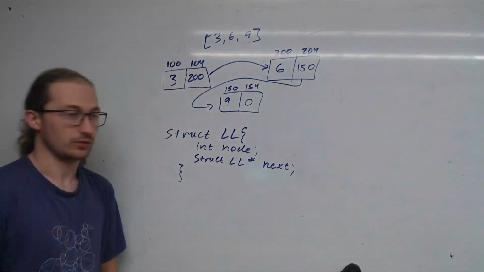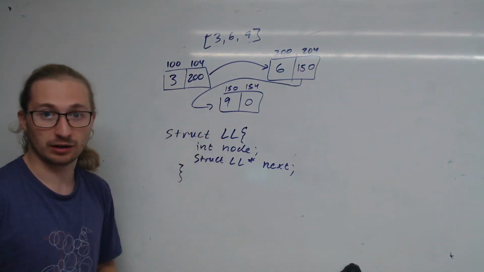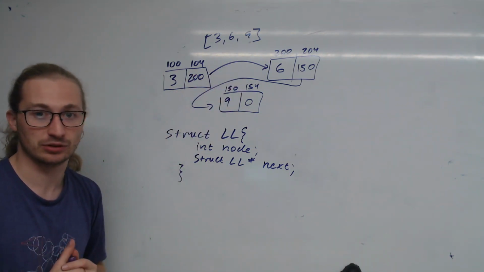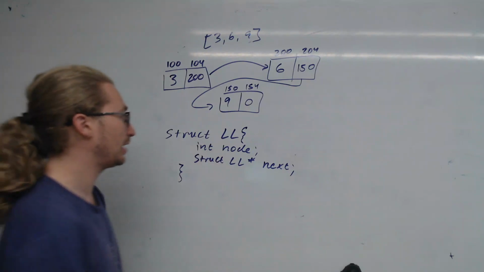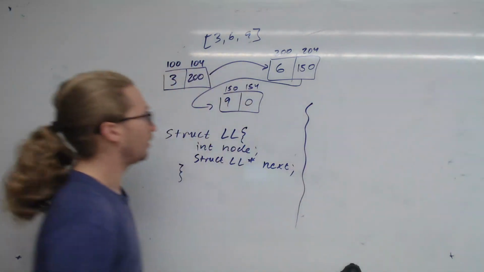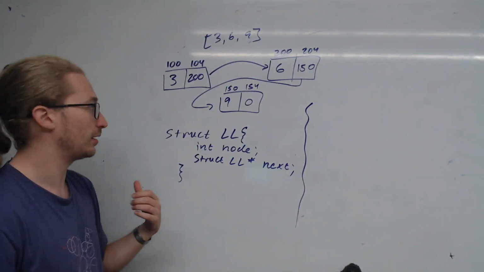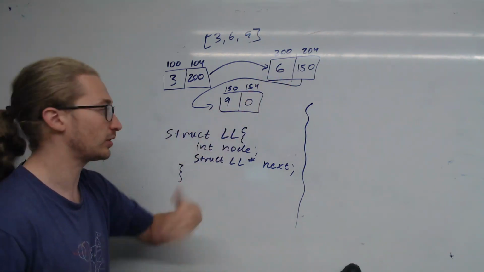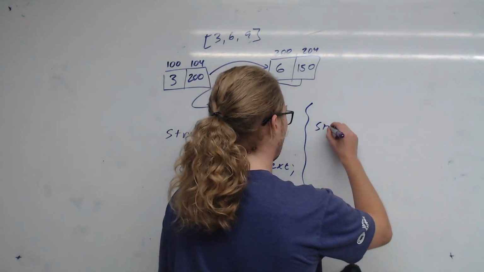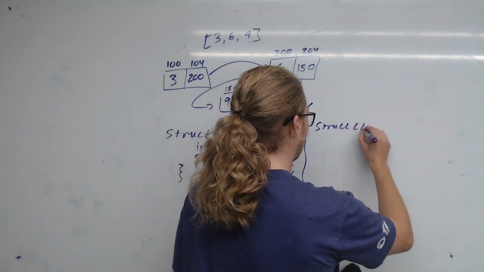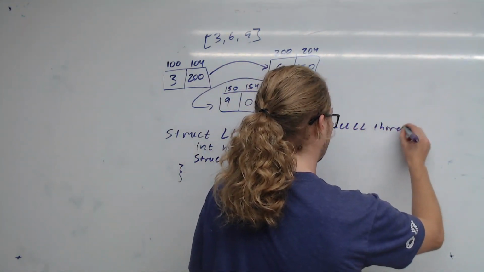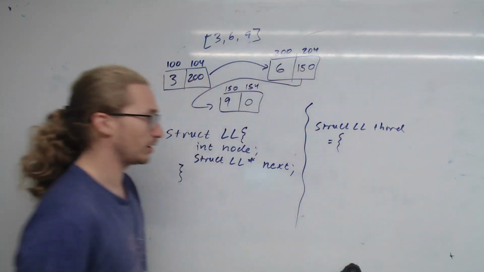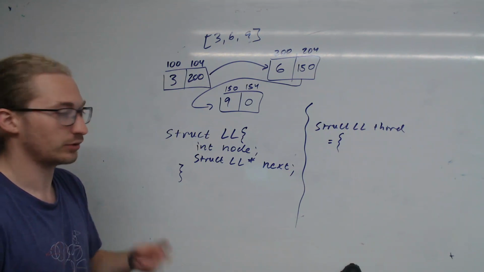Okay? So if I wanted to define this particular list, again I've made up the memory addresses because it's beyond me where C will decide to store them, but we can define it anyway. I'm going to define it backwards because to define each element I need to know where the next one lives, so I'll do this in backwards order. Struct LL third is going to equal, so it's going to store two things.